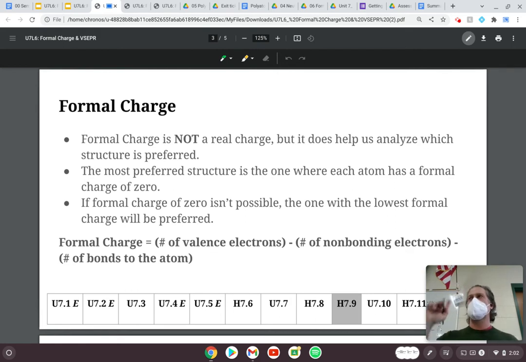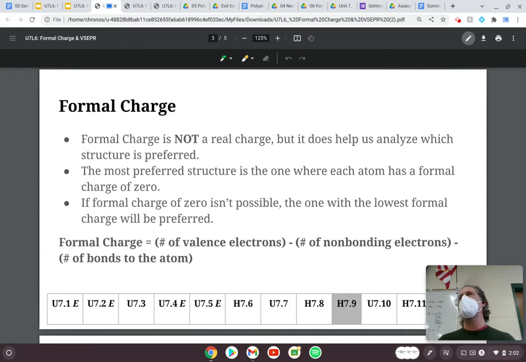Formal charge is a bookkeeping mechanism that chemists put into play to allow us to identify the best, most stable arrangement of atoms and electrons in that particular molecule.